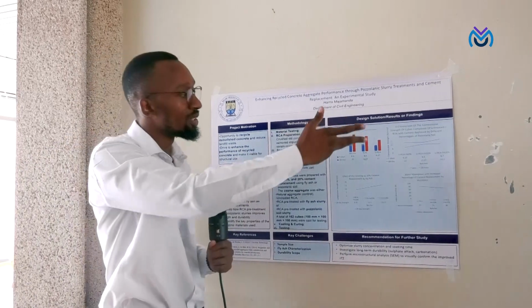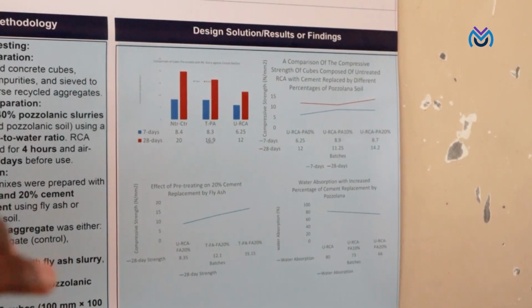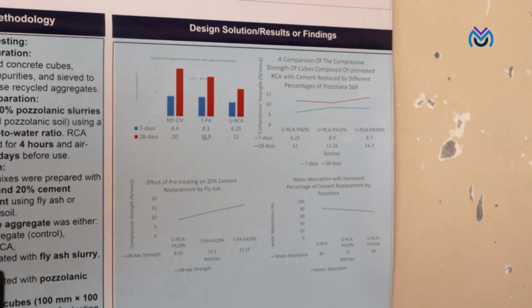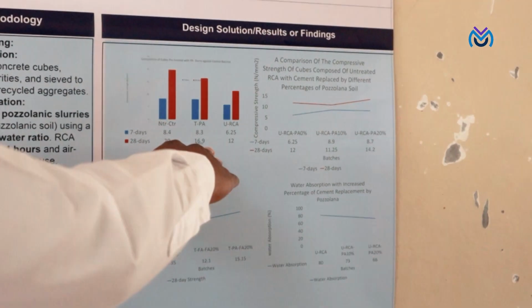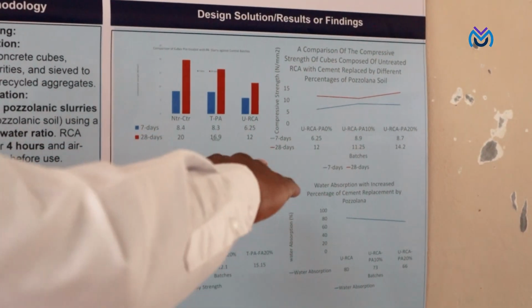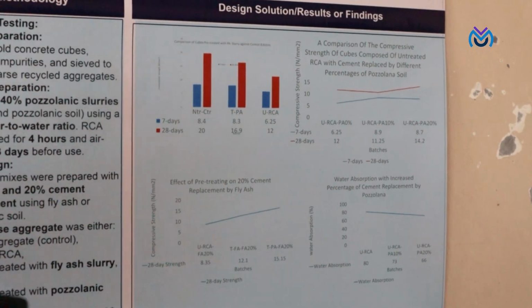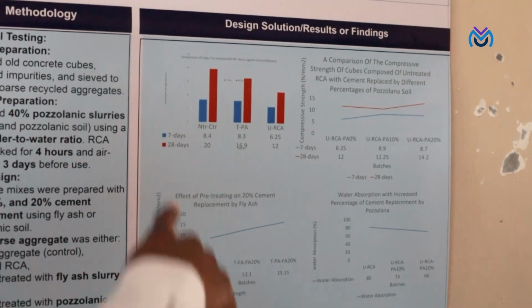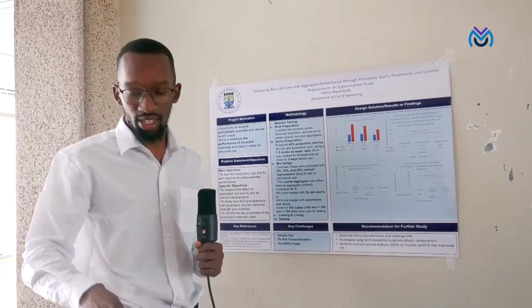From the observations, as you can see from this chart, the strength of the aggregate treated in the slurry was very high, reaching up to 17 newtons per millimeter squared, which is very close to the strength target of 20. This was higher than the untreated recycled concrete aggregate.